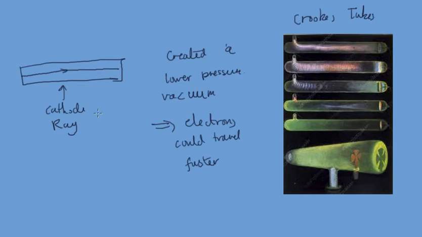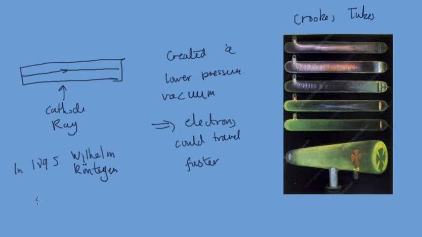Of light. Now, later on, in 1895, so Crookes was doing his experiments in the 1870s, in 1895, another William, this time Wilhelm, must have been German, Rontgen, was studying Crookes tubes, and he noticed something peculiar.